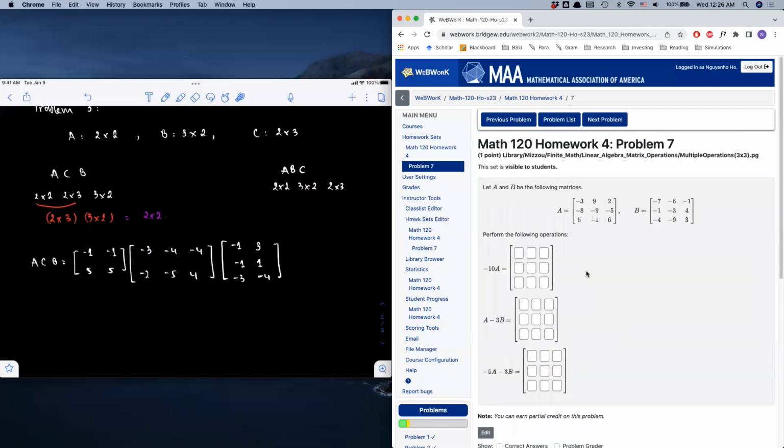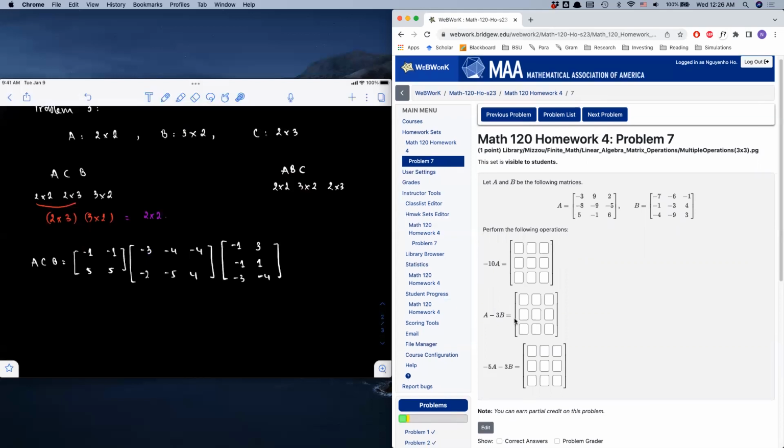Now for number 7, right? So number 7, the first calculation is called scalar multiplication. So for each entry in matrix A, you multiply with -10, and you get the answer. Now for A minus 3B, you perform the scalar multiplication on B first, and then you do A minus that scalar multiplication.